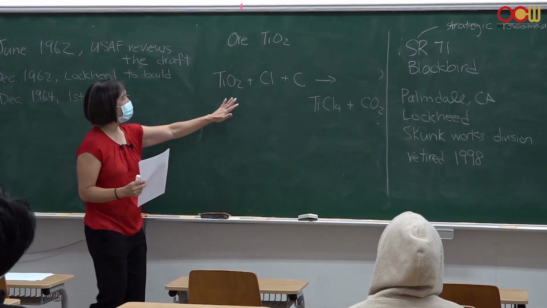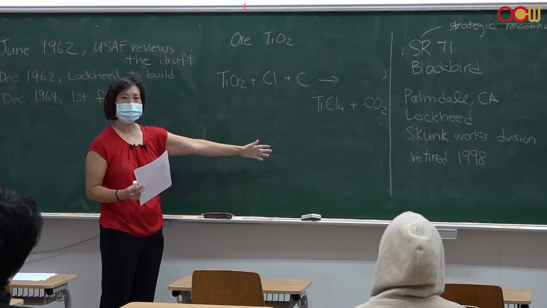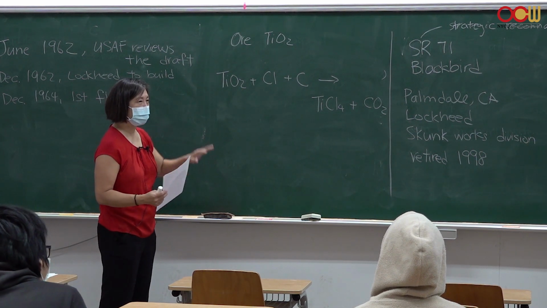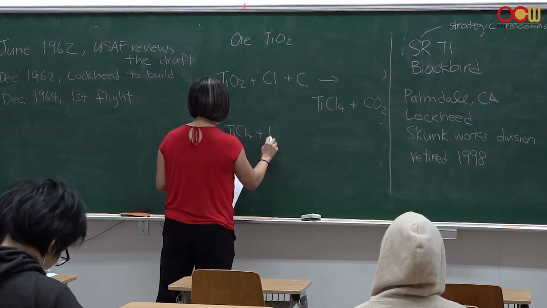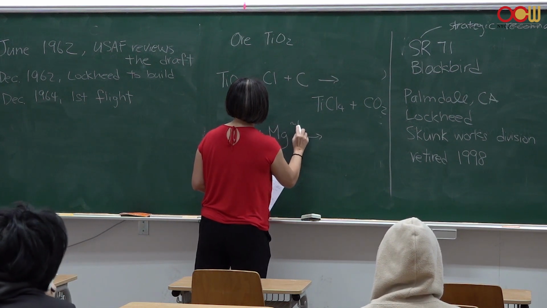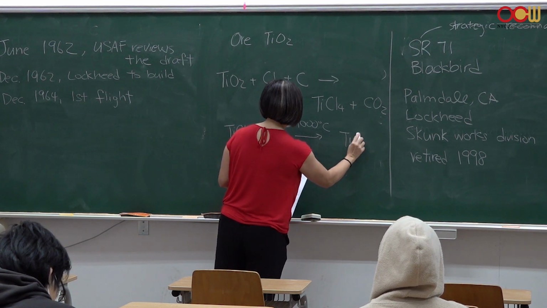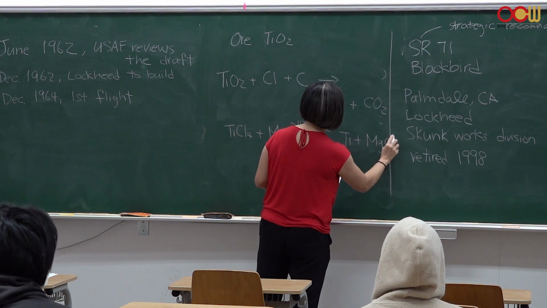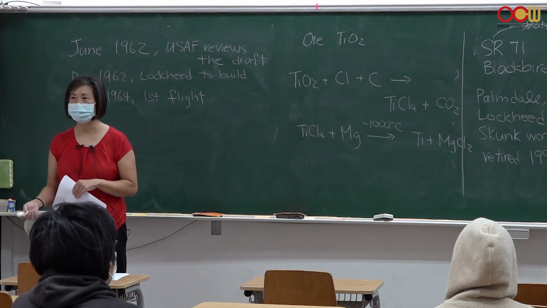They take titanium oxide with chlorine gas and carbon, and they form titanium chloride plus carbon dioxide at high temperatures. And then they take the titanium chloride and mix it with magnesium at around 1,000 degrees Celsius. It turns into titanium plus magnesium chloride. So those are the two reactions that they do to get titanium.